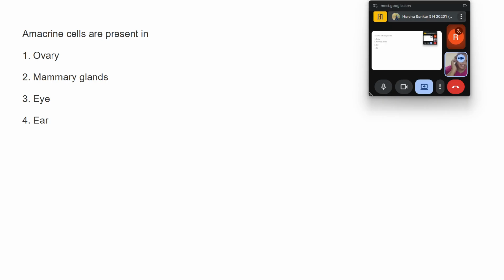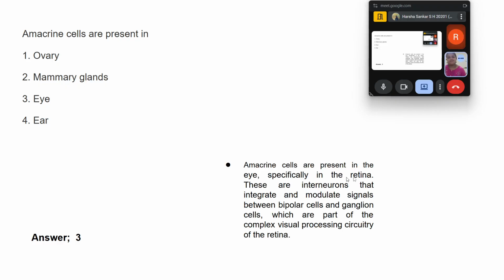Amacrine cells are present in dash: ovary, mammary gland, eye, and ear. Eye.